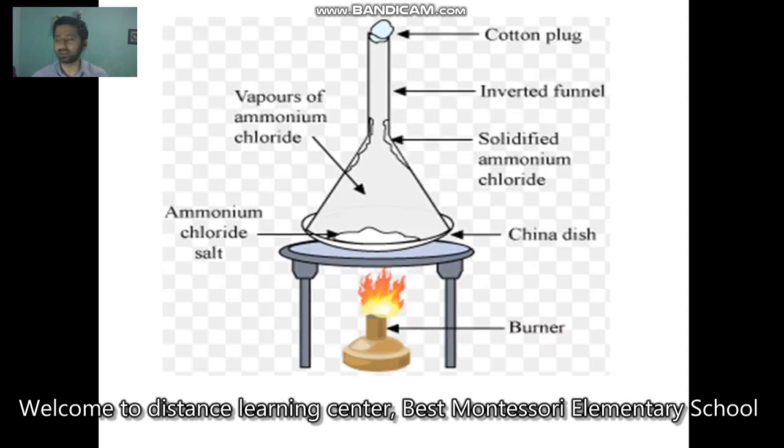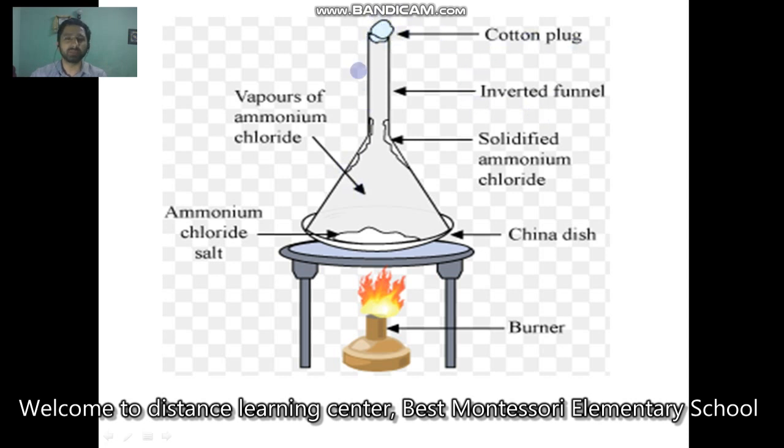Let's look at the figure. We have to provide heat. This is a tripod stand, and above the tripod stand there is a wire gauze and a china dish, and in the china dish there is a mixture that contains ammonium chloride salt, and it is covered with an inverted funnel, and there is a cotton plug. This cotton plug should be wet.